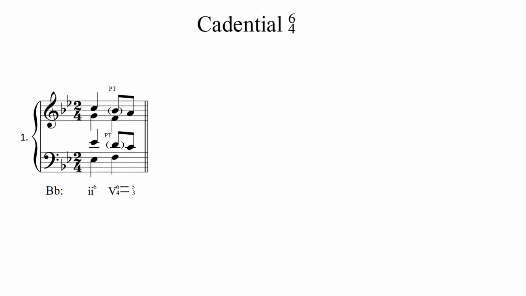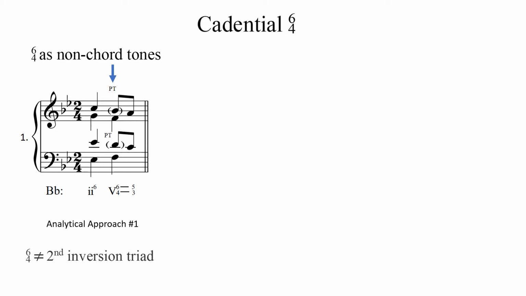This is the cadential 6/4, where the 6 and 4 bass position symbols refer to non-chord tones, not chord tones, and illustrate the first of 3 analytical approaches to the cadential 6/4 chord to be discussed in this video. Notice that the bass position symbols of 6 and 4 don't equate to a second inversion triad.